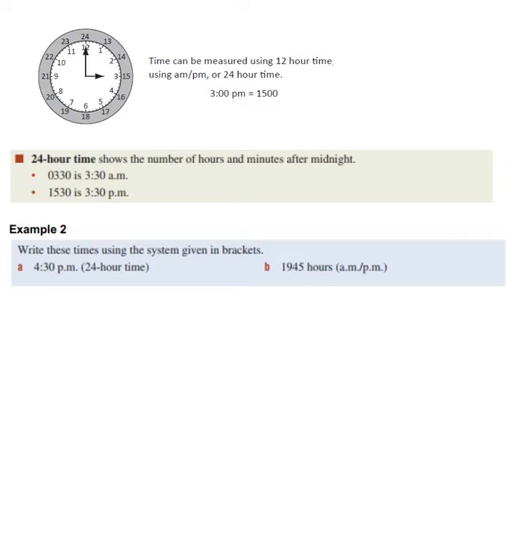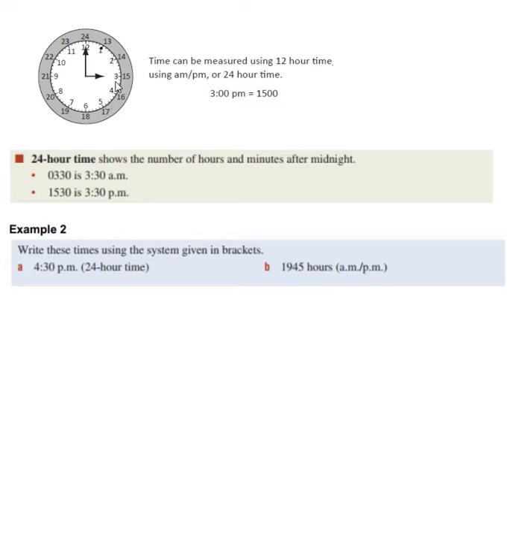So the second example is about 24-hour time, and I'm not sure how many people know about 24-hour time in the class, but we'll go through it now very quickly. So in 24-hour time, let's say I started off at 1 AM. There's 1 AM there.